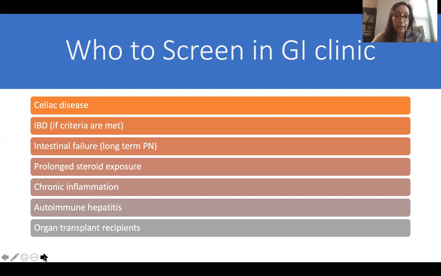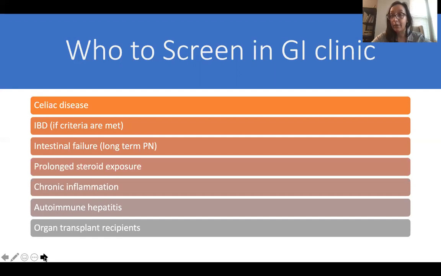That can be celiac disease, although in pediatric patients, it is thought that a gluten-free diet almost always normalizes bone density. However, it's always a consideration, particularly if one had a complicated course or has severe malnutrition.